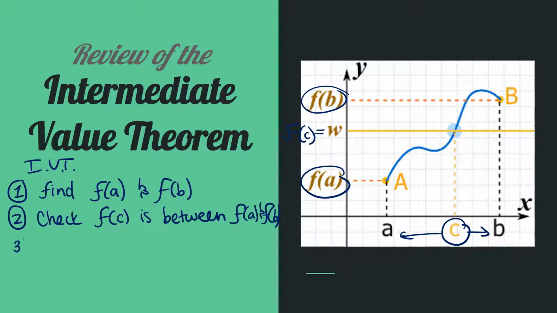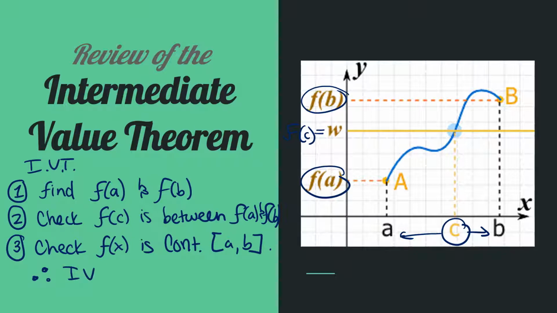All right, and our third step is to check that the function is continuous on the interval a to b. Okay, it's tempting to forget this step, but it's really important. So if all of this applies, then we can say, therefore, IVT applies.